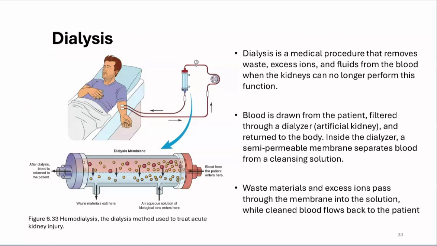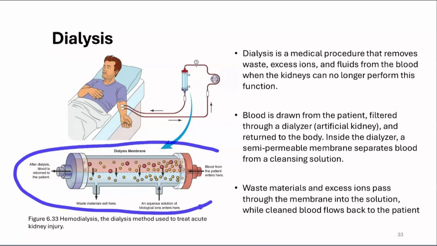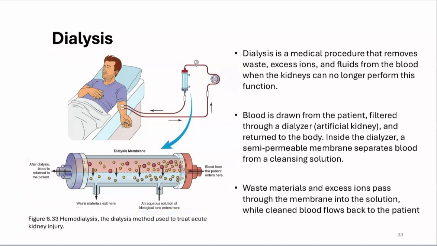As you can see in the illustration on the left side of the slide, a patient undergoing dialysis has blood drawn and filtered through a dialyzer. A dialyzer, which the image here is just enlarging, is what is known as an artificial kidney.